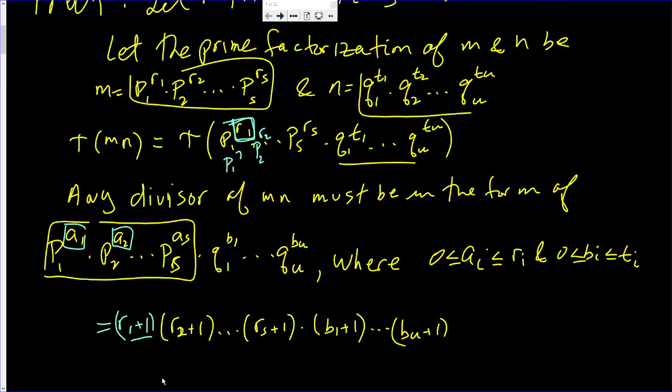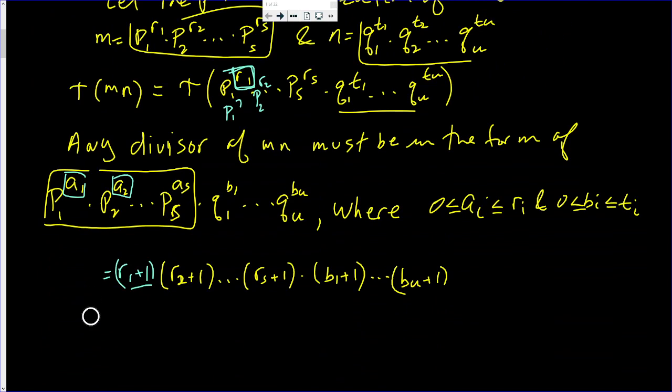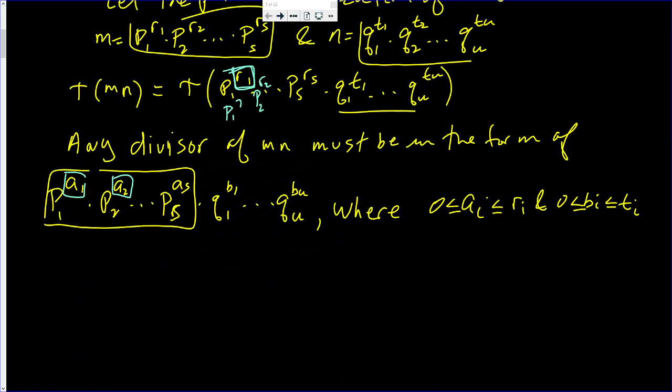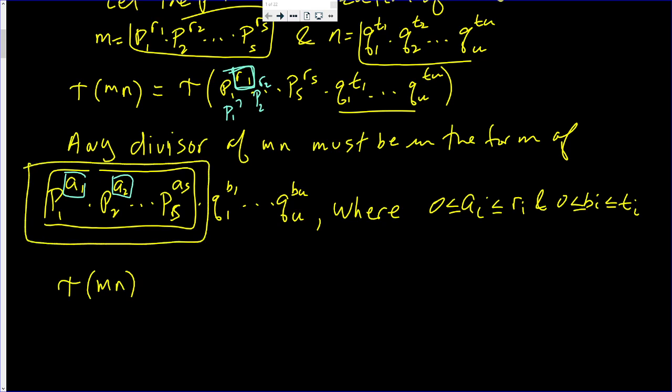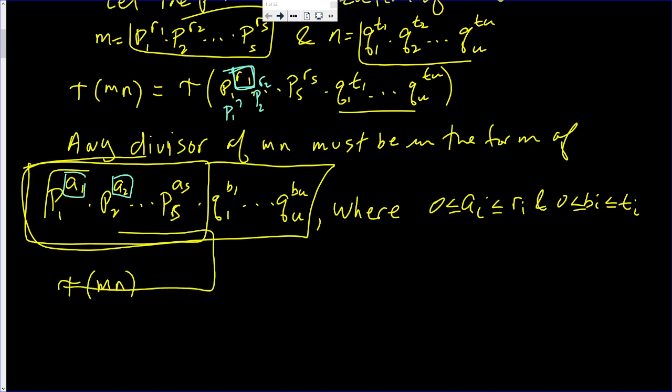Okay. Now, let's talk about how many choices. So let's get back to tau of mn.